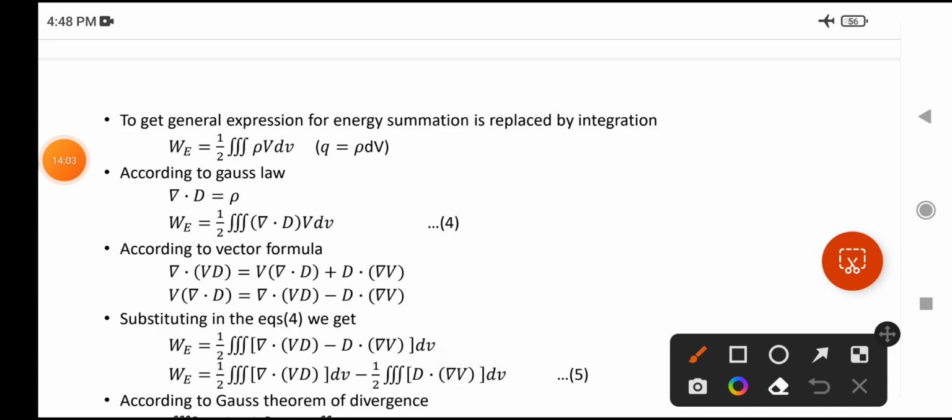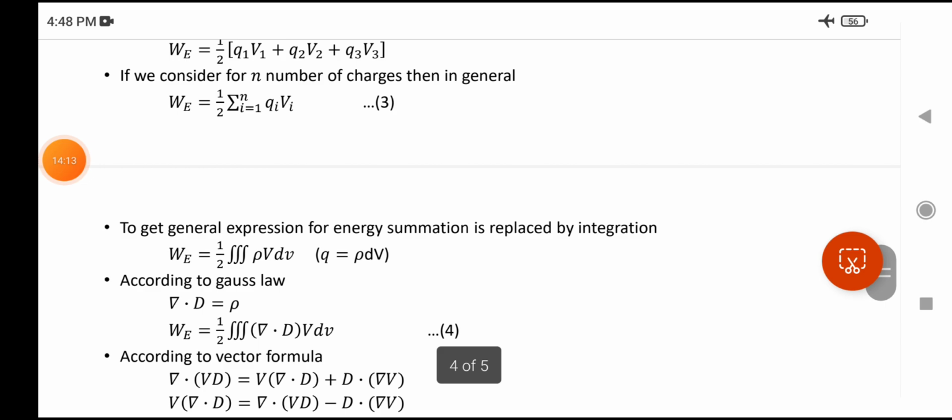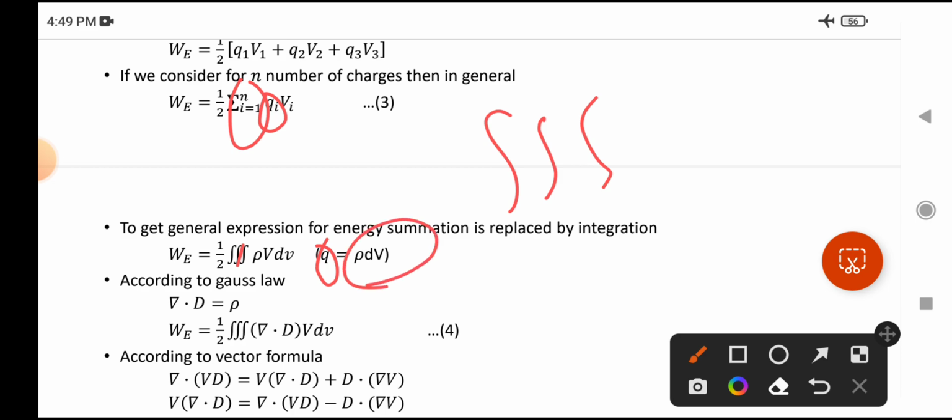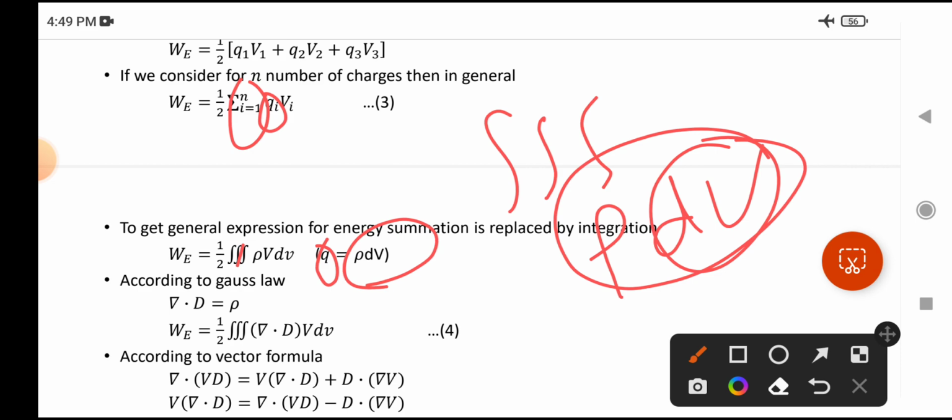To get the general expression for energy, summation is replaced by integration. In the above equation, summation is there; replace it with integration. Integration is written. And in the place of Q, what do we write? Rho dV, rho into a small volume, rho dV.